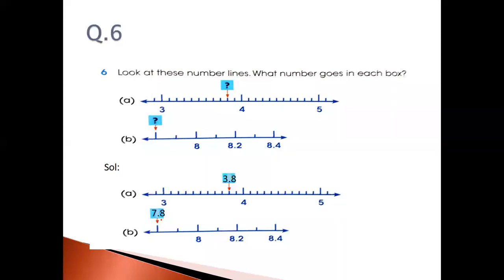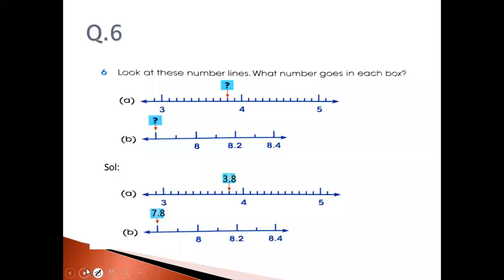So we write 7.8 here as our missing number on the number line. Similarly, you will use your scale and lines, draw the line, plot equal points and put the number in the box. I hope you can do it very nicely and easily in your copies with the help of a ruler and pencil.